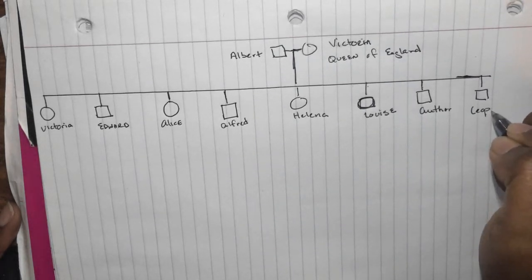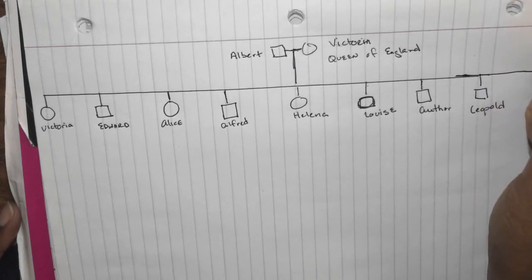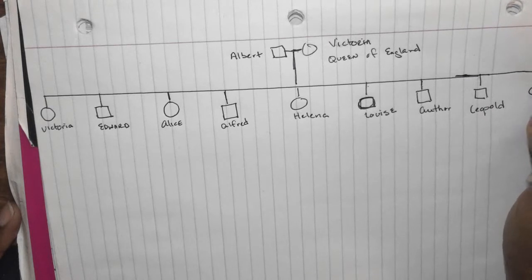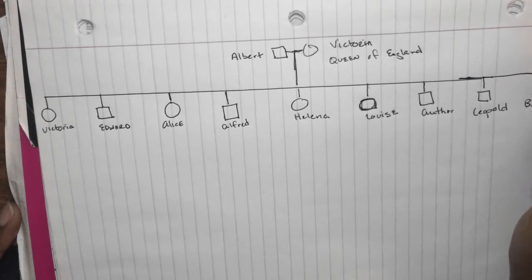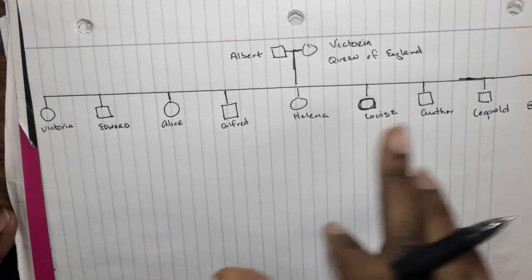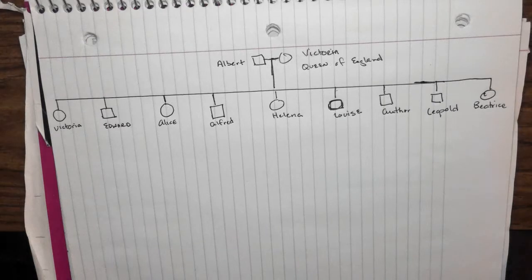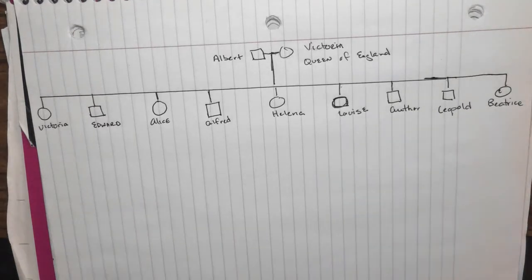Leopold. And I don't have enough room for the last one, Beatrice. Jeez, how many kids is that? 1, 2, 3, 4, 5, 6, 7, 8, 9 kids. Holy crap. They were busy. It's a lot of kids.